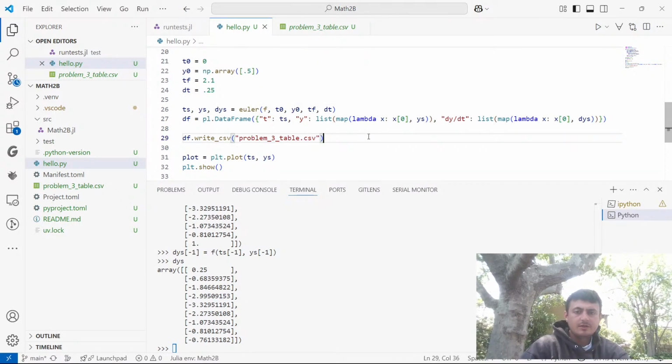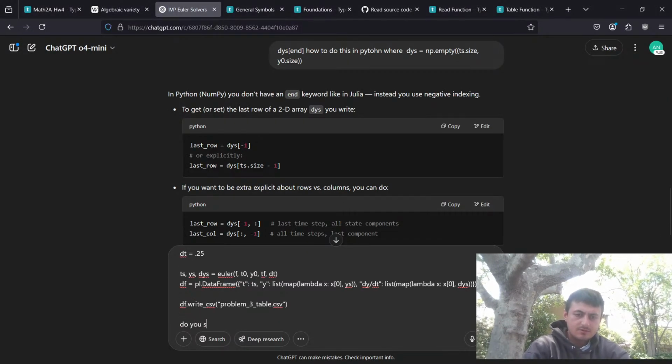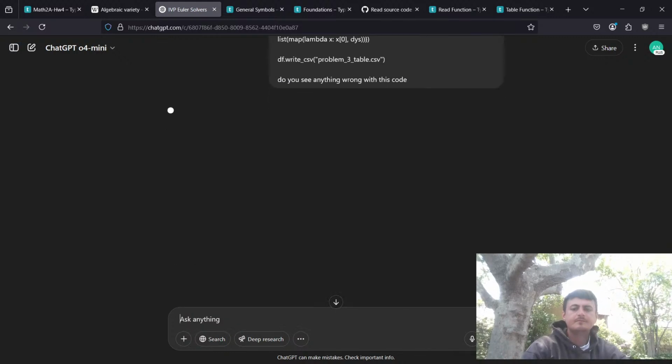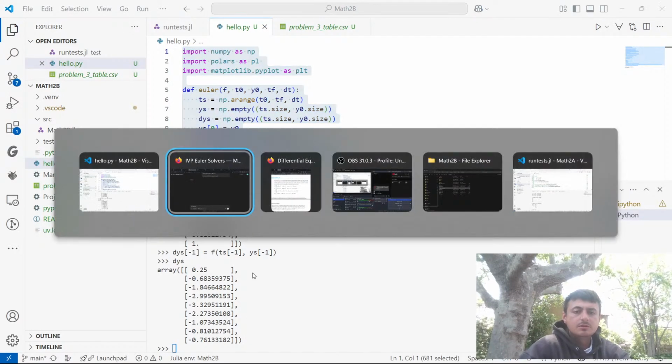And then we can ask, is there anything wrong with this code? Do you see anything wrong with this code?